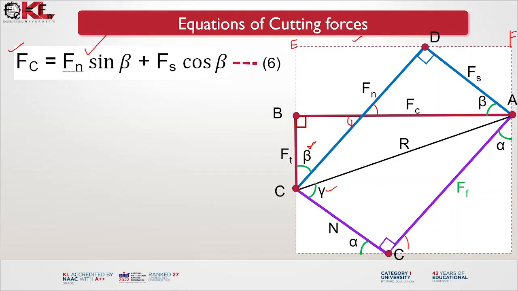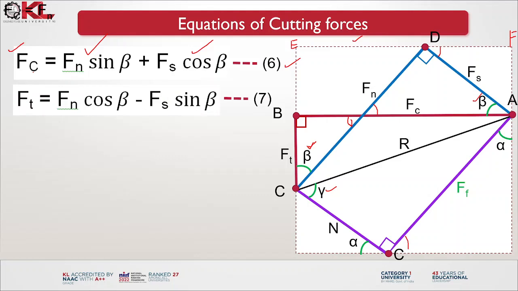What is this angle? This angle is also equal to the shear angle. So if this angle is beta, then this adjacent side must be Fs into cos beta. That is written here, Fs into cos beta. Now name this equation 6. Now from this, the cutting force Fc is equal to Fn into sine beta plus Fs into cos beta.